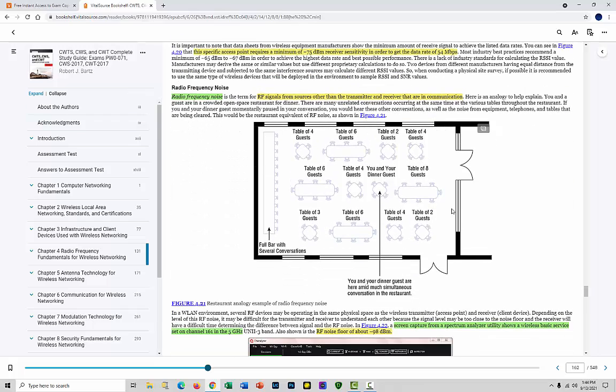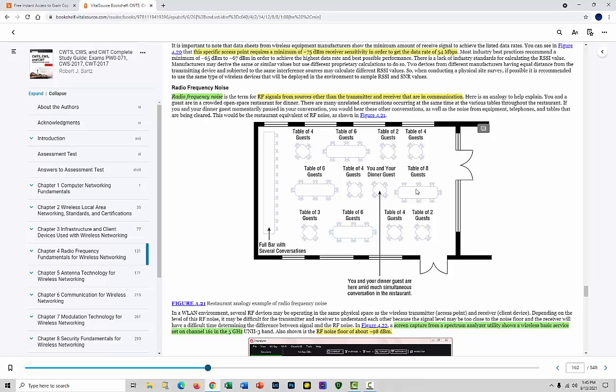And this is showing you, okay, what is this? Oh, radio frequency noise. This is a concept you all know, being in a restaurant that's noisy, with clinking glasses and silverware, and it's hard to hear everybody around the table, depending on how tightly packed it is, which we're not seeing a lot of lately with the times we're in. But the point is, the noise around you affects how well you hear your neighbors at the table, right? Same thing for Wi-Fi.